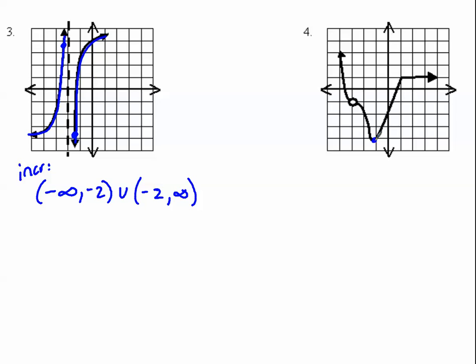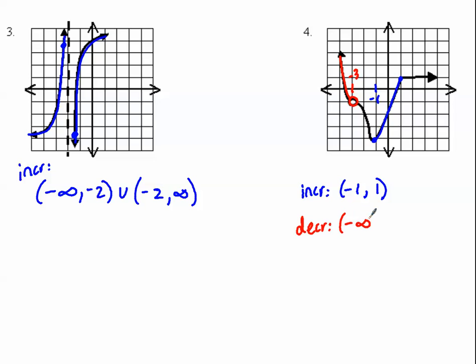In this one, I see increasing just in this section right here. So from -1 up to 1 and not increasing anywhere else. Let's look at where it is decreasing. Here I have a hole, so I have to pause at that spot at -3.